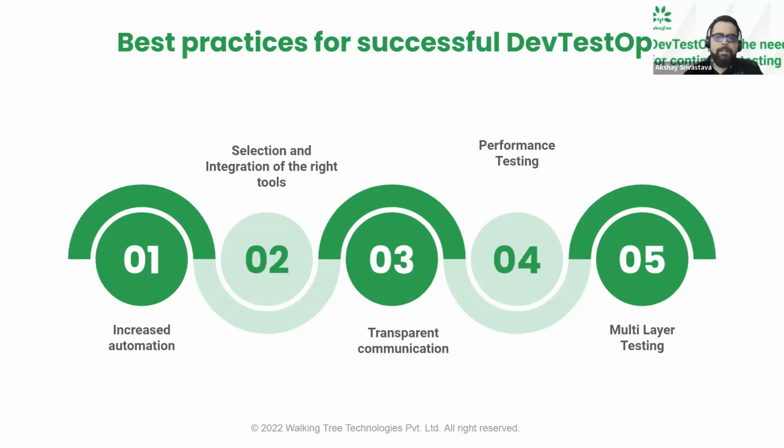We think about functional test validation. We think about smoke testing. But when we think about DevTestOps, implementing automated testing at each level really adds to the overall system.